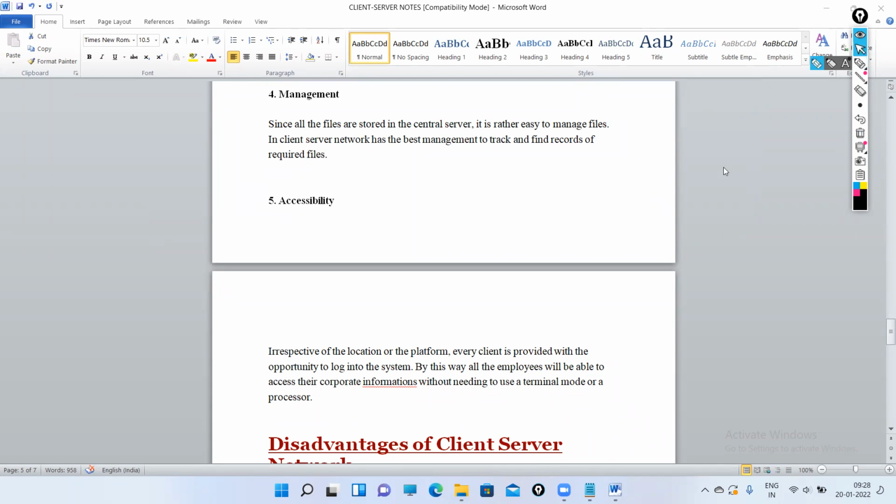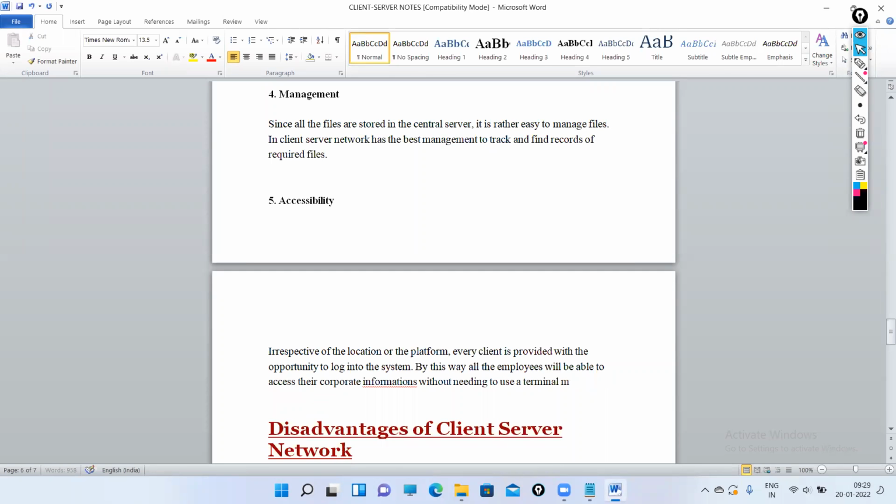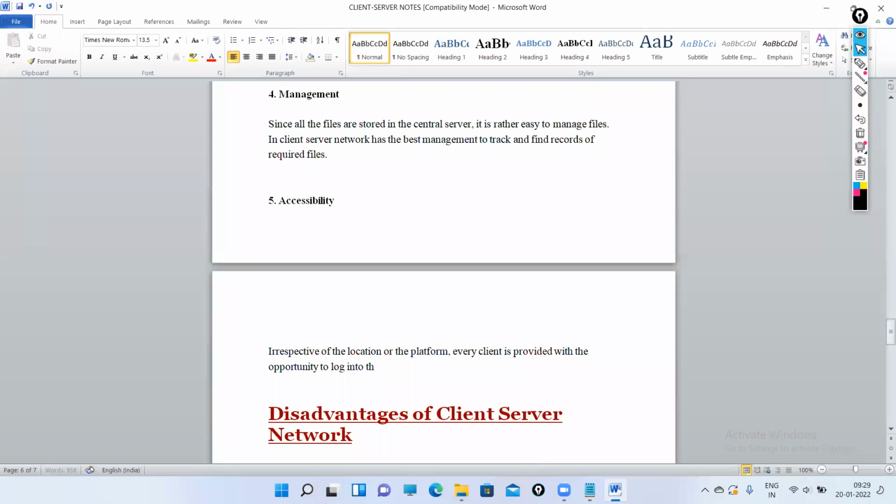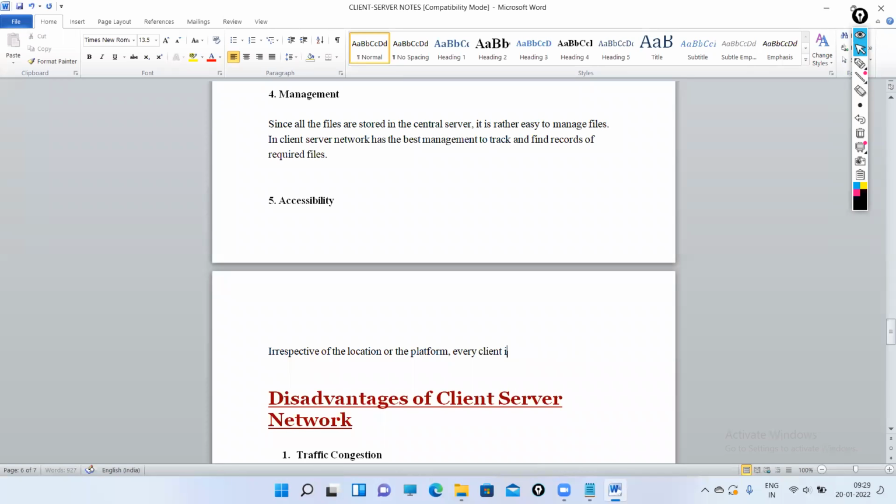And simple, we can access any type of data.